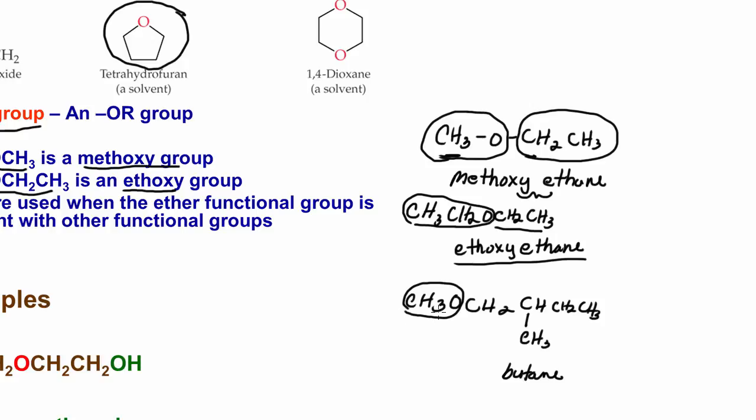In the case of the butane, we have to indicate the carbon number that the methoxy group is attached to. So we're going to go ahead and number this way: 1, 2, 3, 4. You're going to have a 1-methoxy, and then there's a methyl group on carbon number 2.